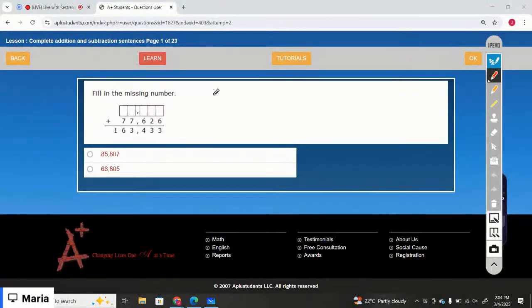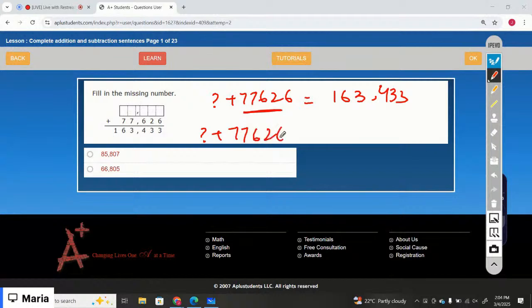Okay, so here you are given the missing number plus 77,626 is equal to 163,433. You have to subtract 77,626 from both sides.